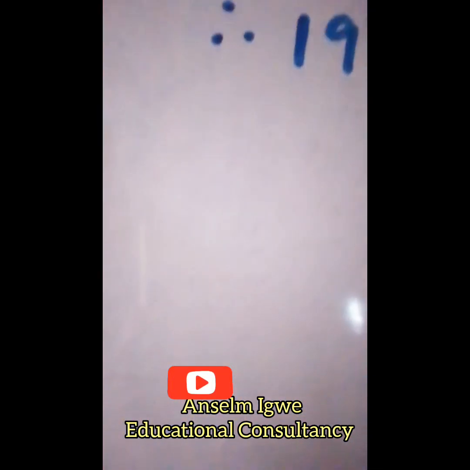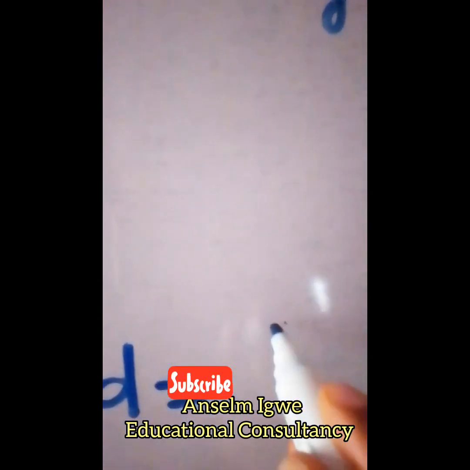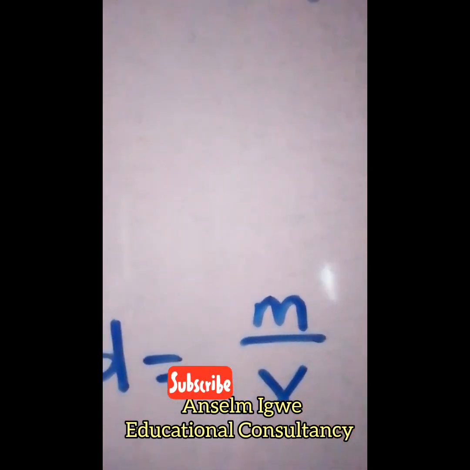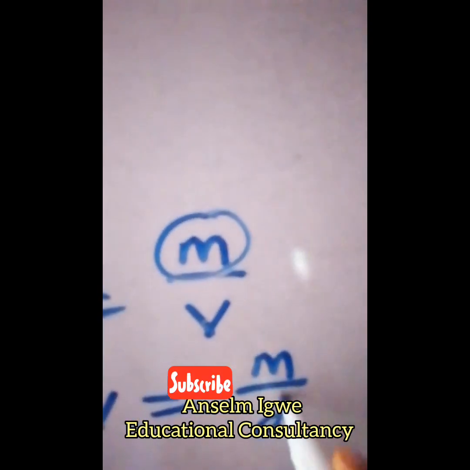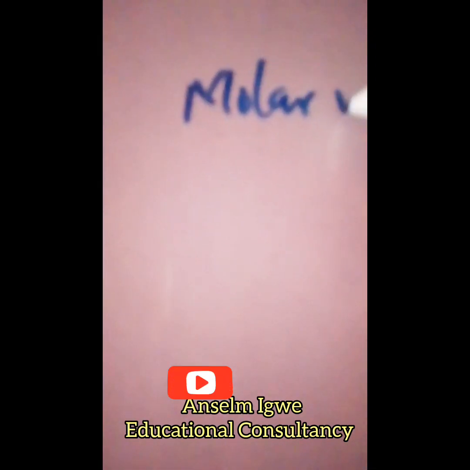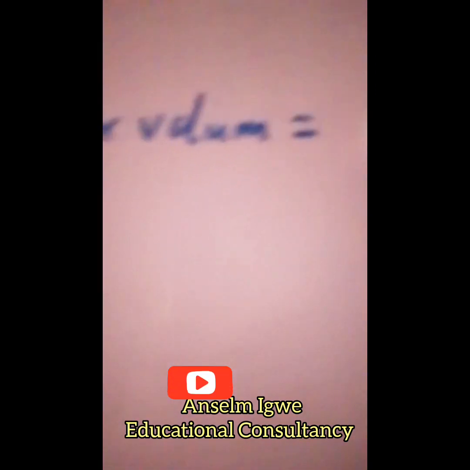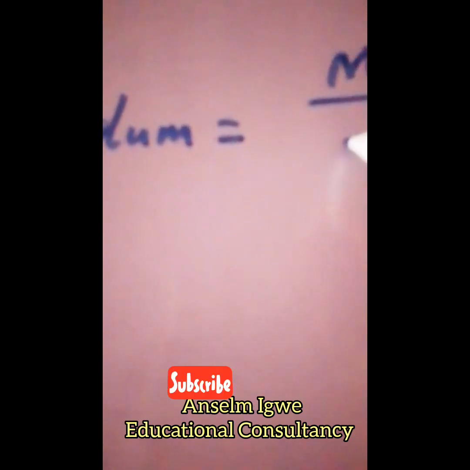But we are going to recall that density is equal to mass over volume. Now we have found mass, we have found density. Let's find volume. Volume is going to be mass over density. So we calculate the molar volume. The molar volume is molar mass over density.